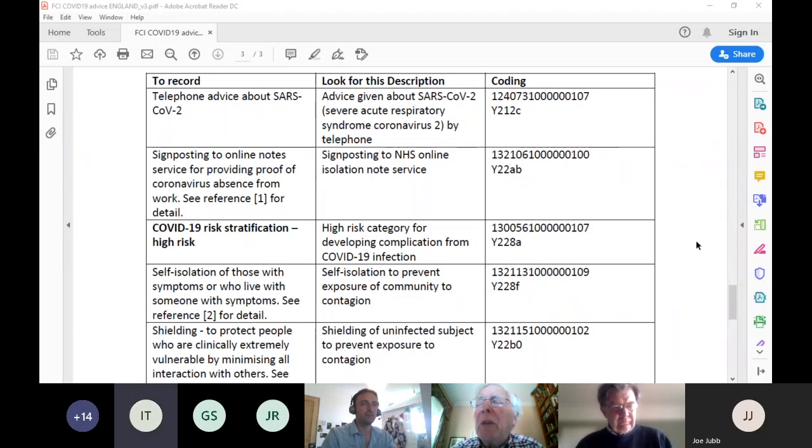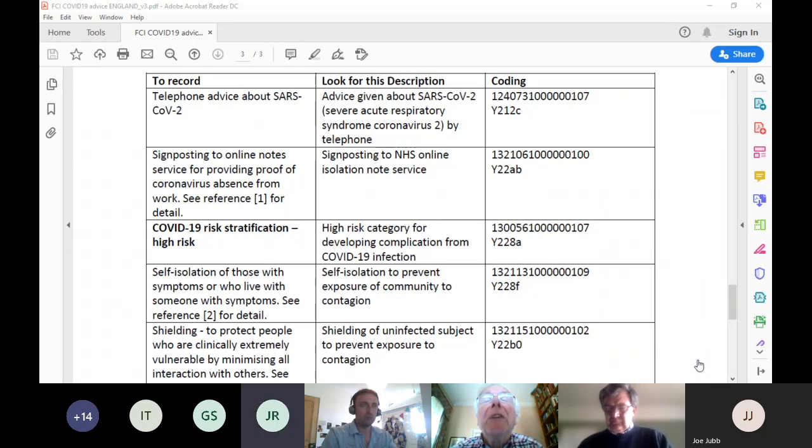I'm actually trying to think whether it's possible on systems to do that. Is it possible to actually attempt to put in a SNOMED CT ID and get back the description? Anyway, we would agree entirely with your points, but there are other users of this list than people who are going to be entering data into the record.